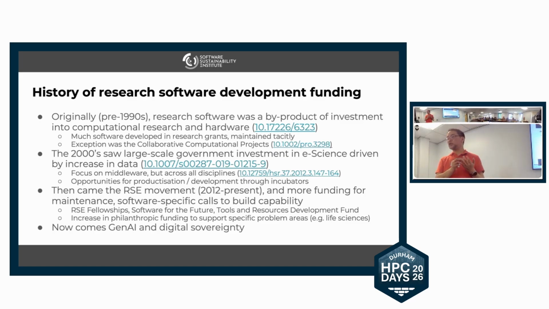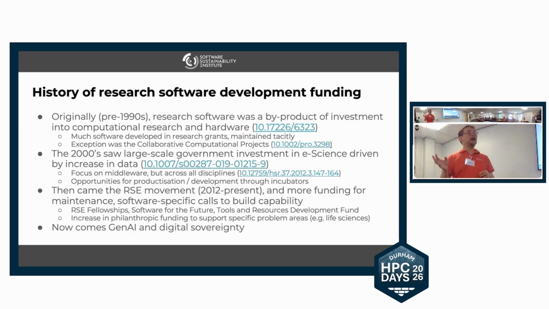The BBSRC had their Tools and Resources Development Fund, and we saw a lot more increase in philanthropy in this area. So charitable foundations, people like the Sloan Foundation and so on, who are supporting specific problem areas. As an example, one of the largest funders for software over the last few years has been the Wellcome Foundation, but that has been primarily focused at the life and medical sciences.